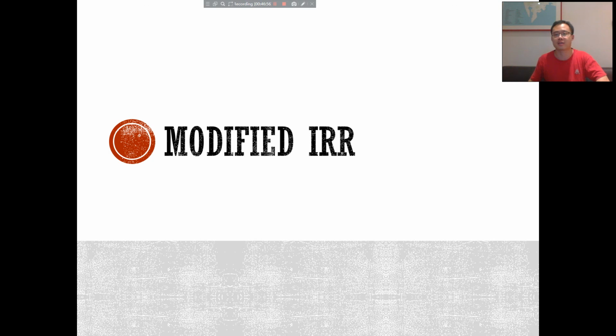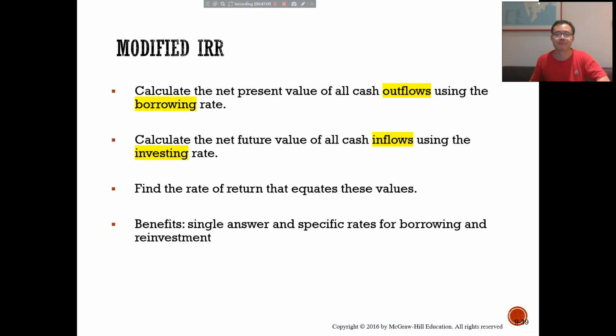Now we take a look at the modified version of IRR. In the previous IRR, we just have one R in the NPV calculation formula, so we just calculate that R. The modified IRR calculates the net present value of all cash outflows using the borrowing rate.